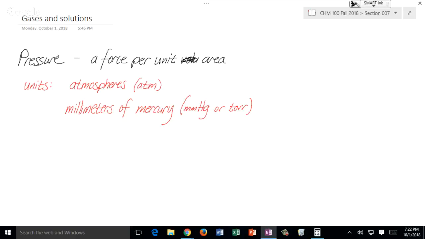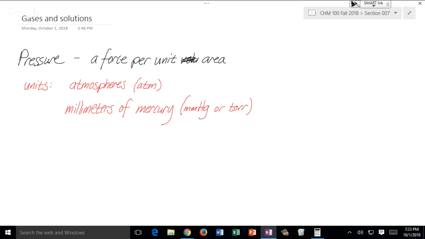Where that comes from is something called a barometer, which is an instrument that was originally used to measure atmospheric pressure, where the atmosphere would force some mercury to go up a tube, like up an evacuated tube, and how high the mercury would go would determine the pressure. More pressure, higher up in the tube. So that means that it would go that many millimeters up the tube.